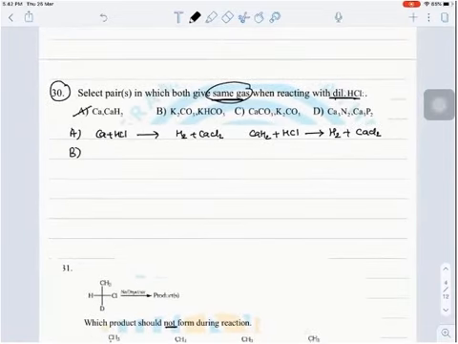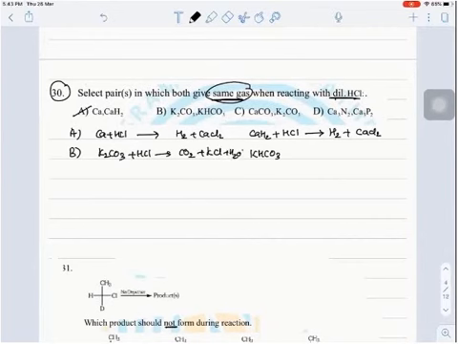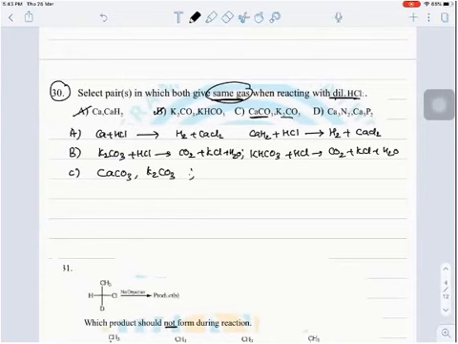B is K2CO3 and KHCO3. Both reacted with HCl, on acidification give CO2 gas plus KCl plus water. So both will release CO2 gas. Similarly, in option C, calcium carbonate and K2CO3 are both carbonates and will give CO2 gas on acidification.